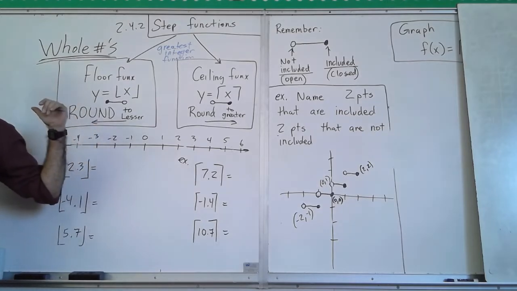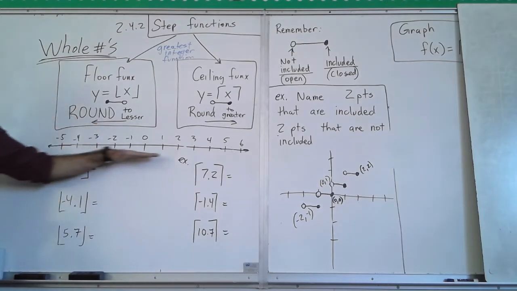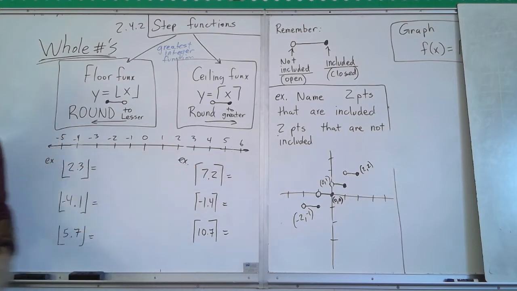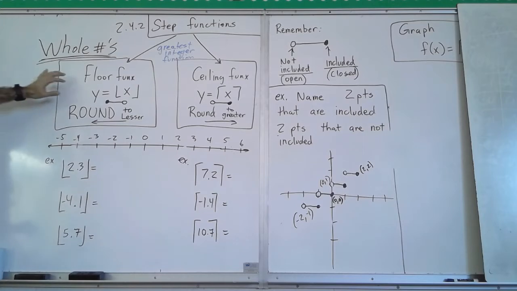Okay, so we're going to use a number line just to help visualize this. But that would be a really horrible deal if you got all those shoes, because half the people it wouldn't fit well. But you'd have to make do. Okay, so these are the two ways that we can assign that shoe size to a smaller or a greater size. Okay, so we're going to start on the left side here with the floor function.